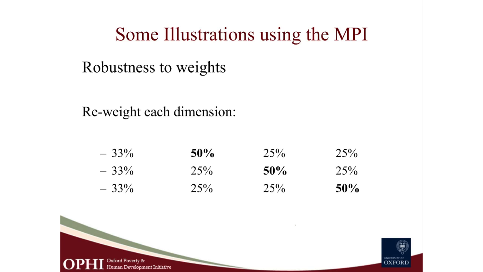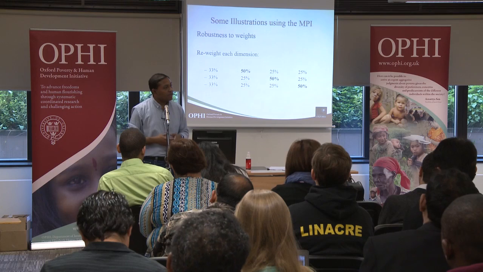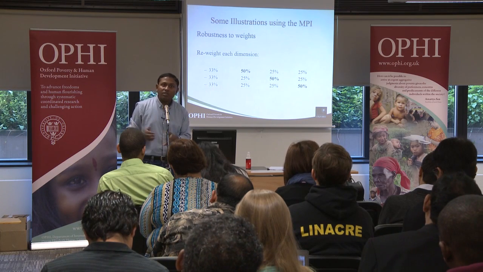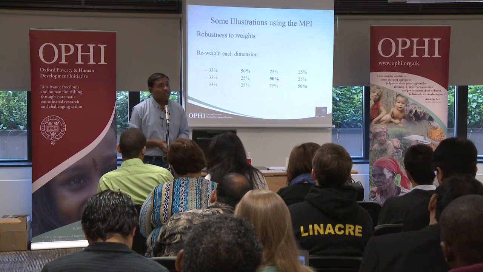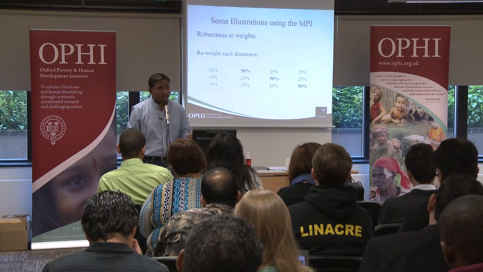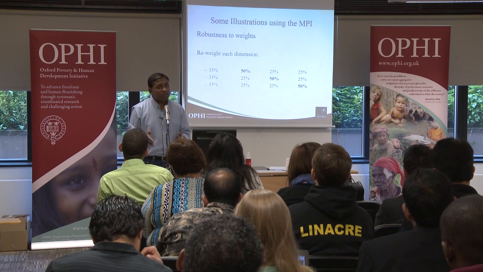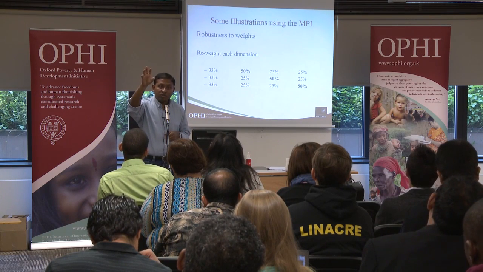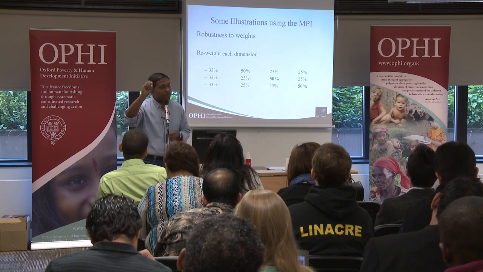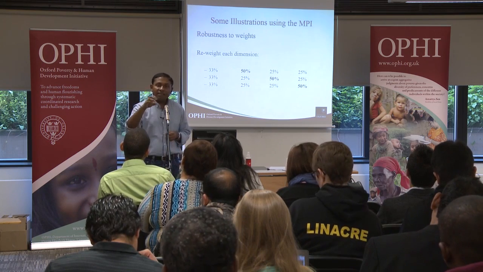We have 1/3, 1/3, 1/3, which is the original one, but then we also want to see what if we give 50% to standard of living and 25% to the rest of the two, or what if we give 50% to education and then 25% each to the rest of the two. So they computed the MPIs, the M0 values for these three alternative specifications, and then they did different analysis.